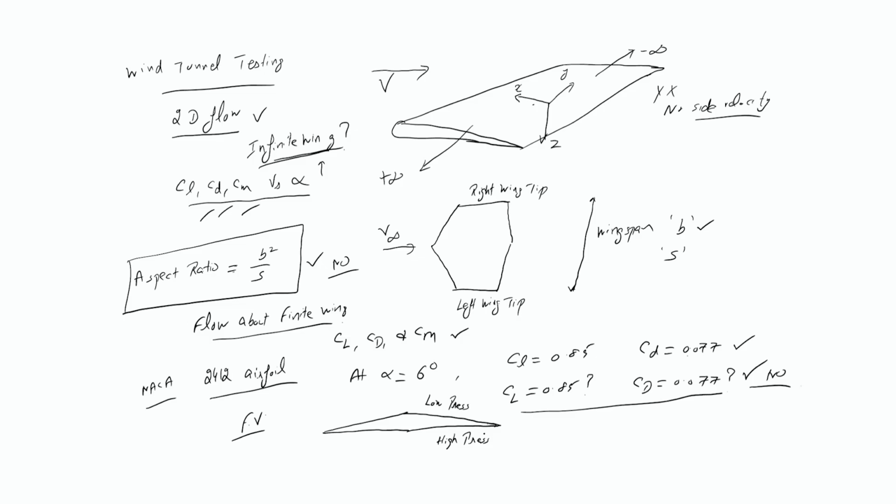So even at the wingtips, there is a tendency for the flow to escape from here. That is, the flow will escape from the higher pressure region to the lower pressure region. So this flow establishes a circulatory motion.